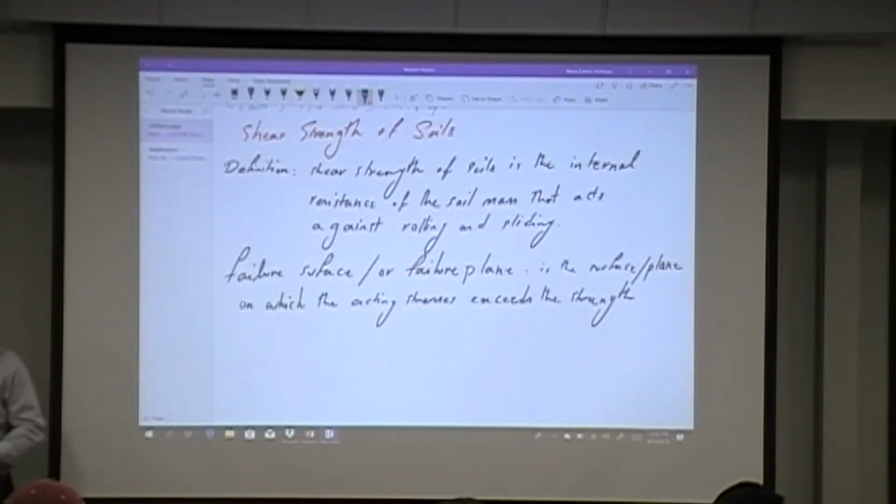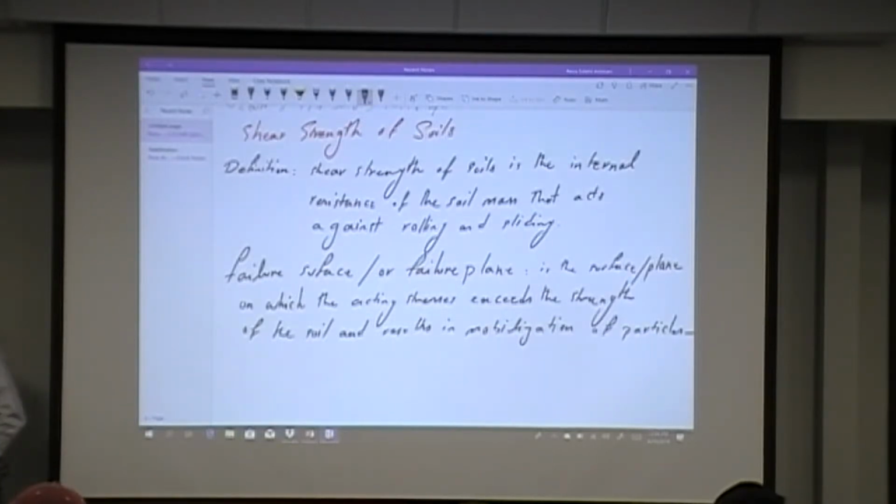It is where the acting stresses exceed the strength of the soil and result in mobilization of the particles.